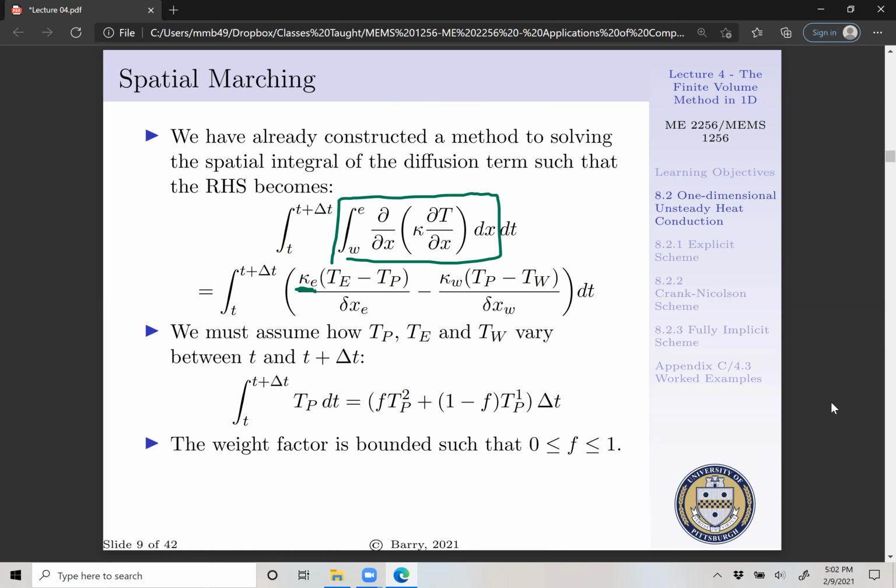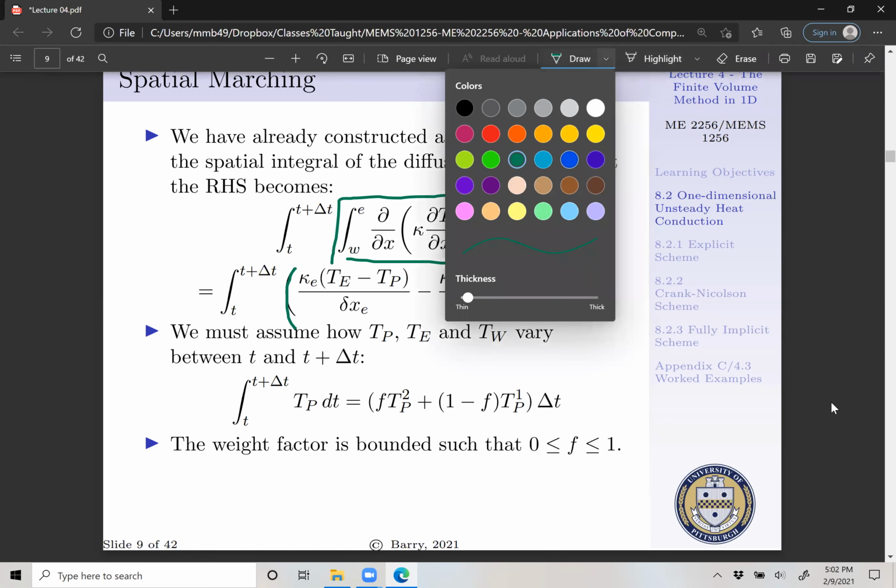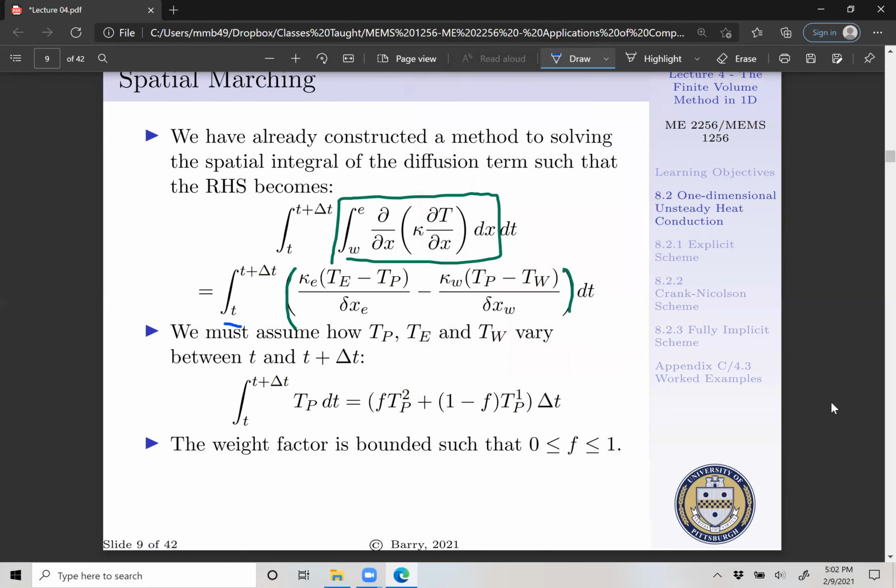So we've already constructed this expression within the parentheses. Now all we have to do is integrate this with respect to time between our two time steps, t and t plus delta t.